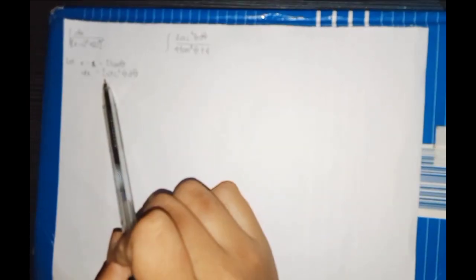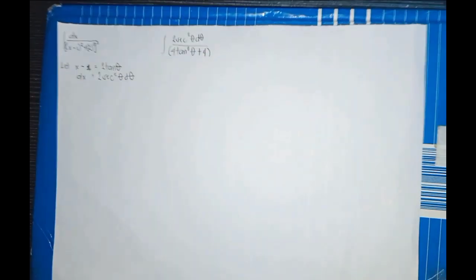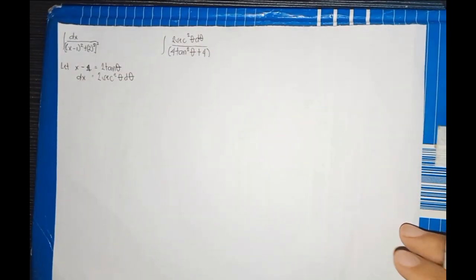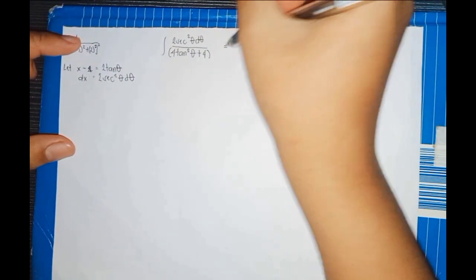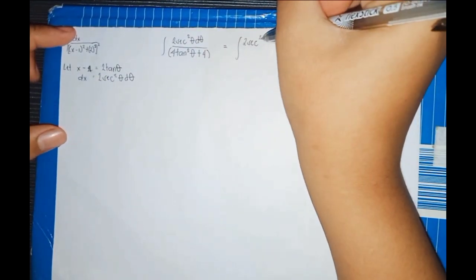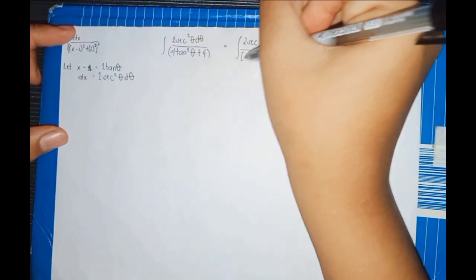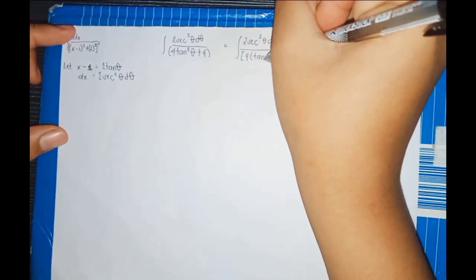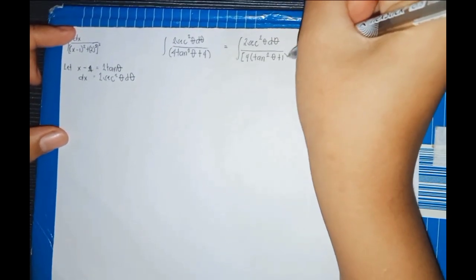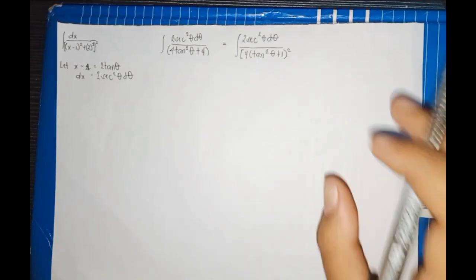If you multiply this by itself, it will become 4, so 4 tan squared theta plus 4, which is 4 times the quantity tan squared theta plus 1, and this will become sec squared theta.